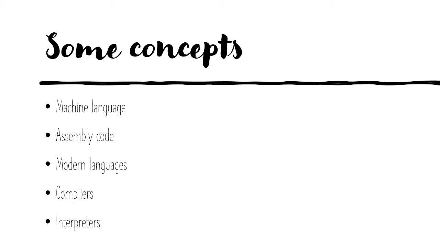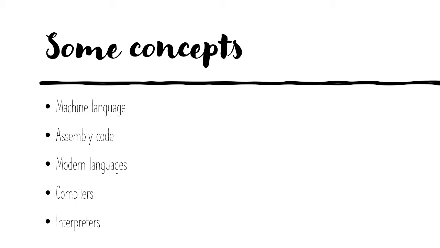In this scenario come the compilers. Compilers take the code written in higher level languages that humans understand and turn it into machine language. Interpreters also do the same thing.